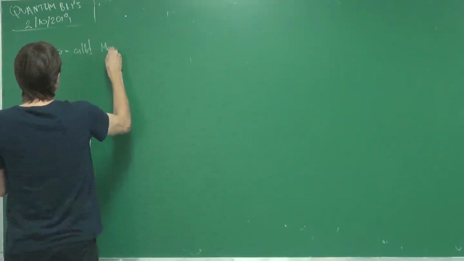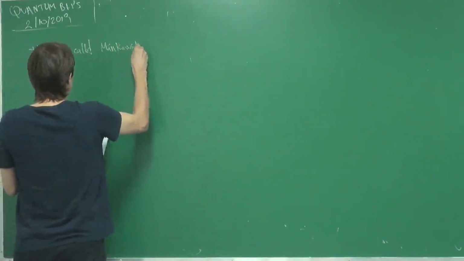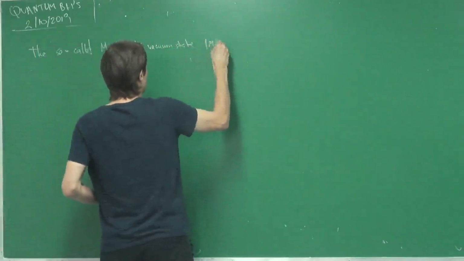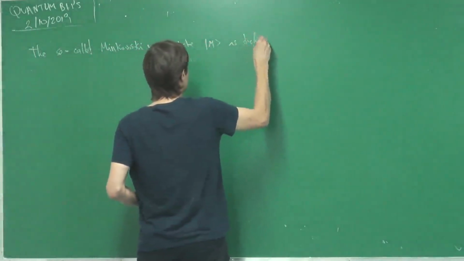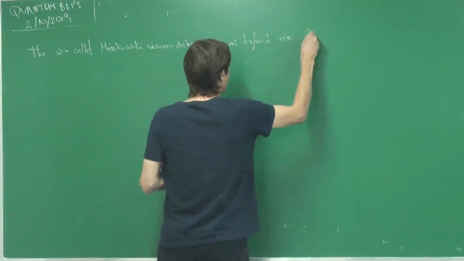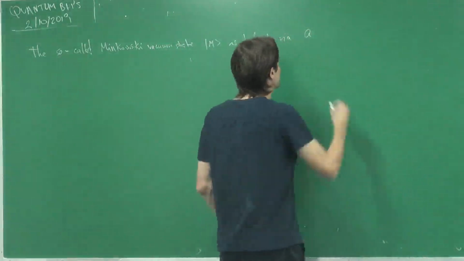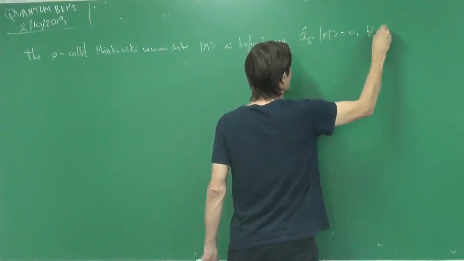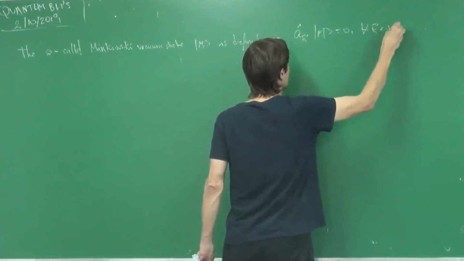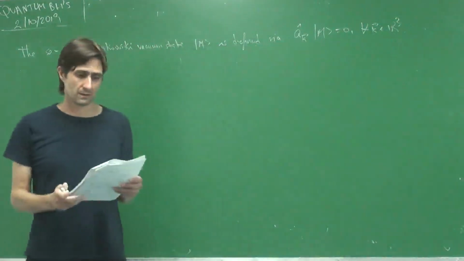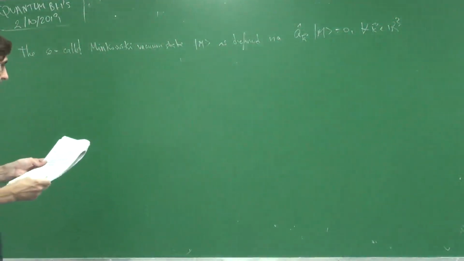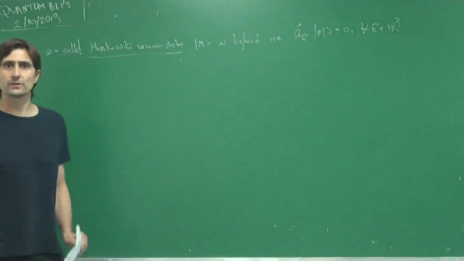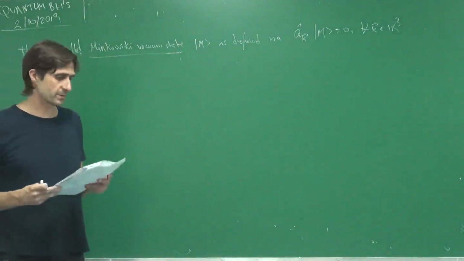So the so-called Minkowski vacuum state is defined by it's the state which is annihilated by all annihilation operators A. So this is our definition of Minkowski vacuum state.